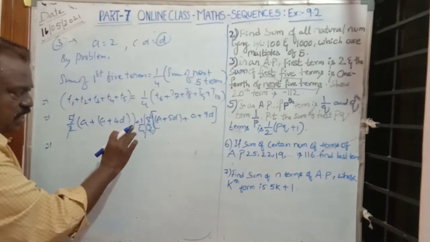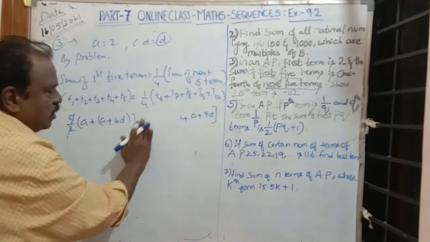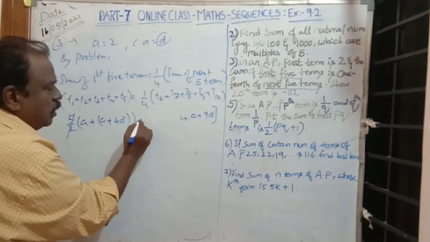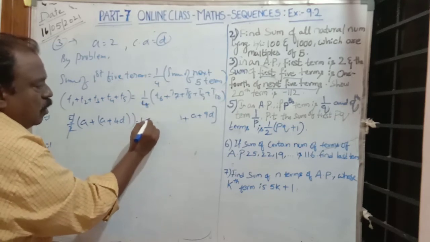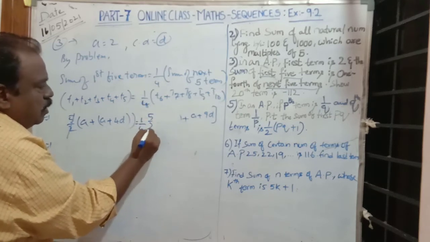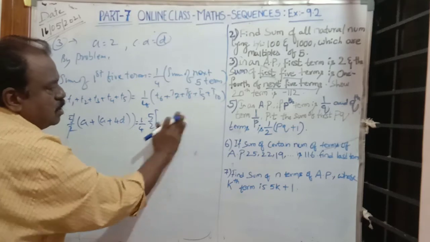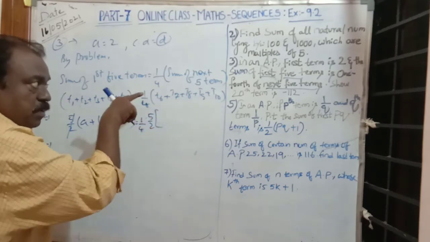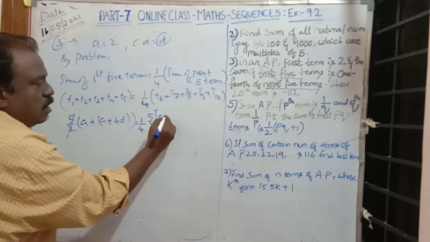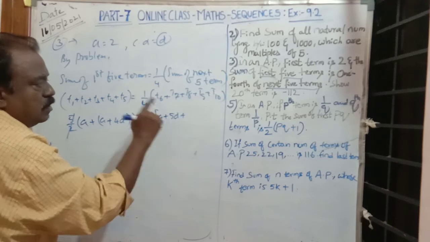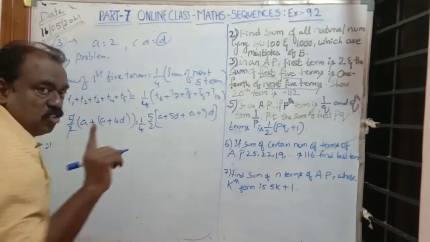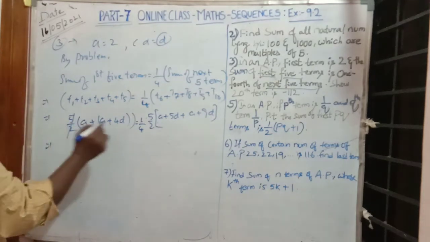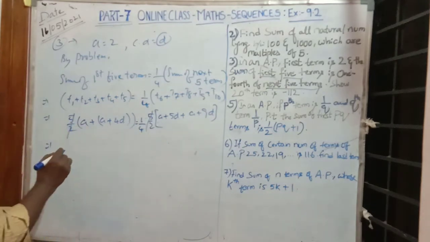Or otherwise, again I will write it clearly. It is 1 by 4, and n by 2 means 5 by 2. T6 is the first term in this series, that is A plus 5D, and the last term is A plus 9D. 5 by 2 on both sides cancels.